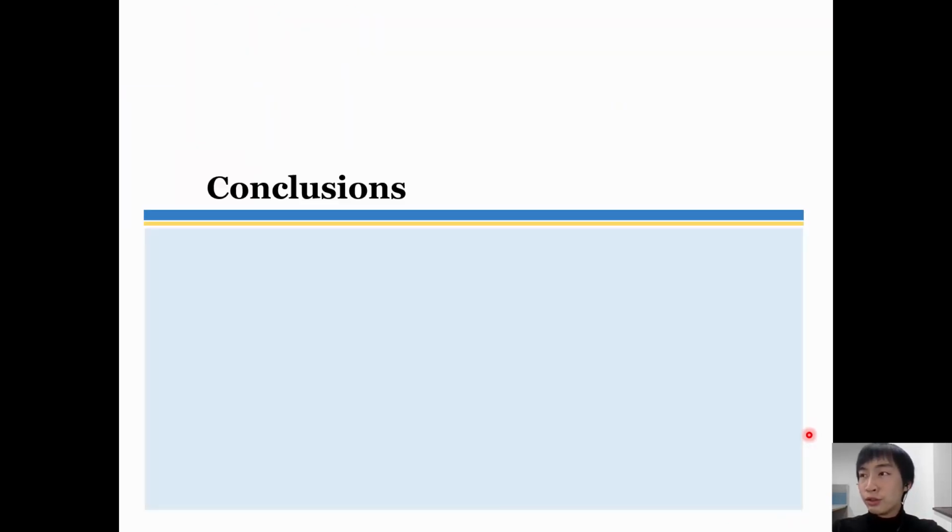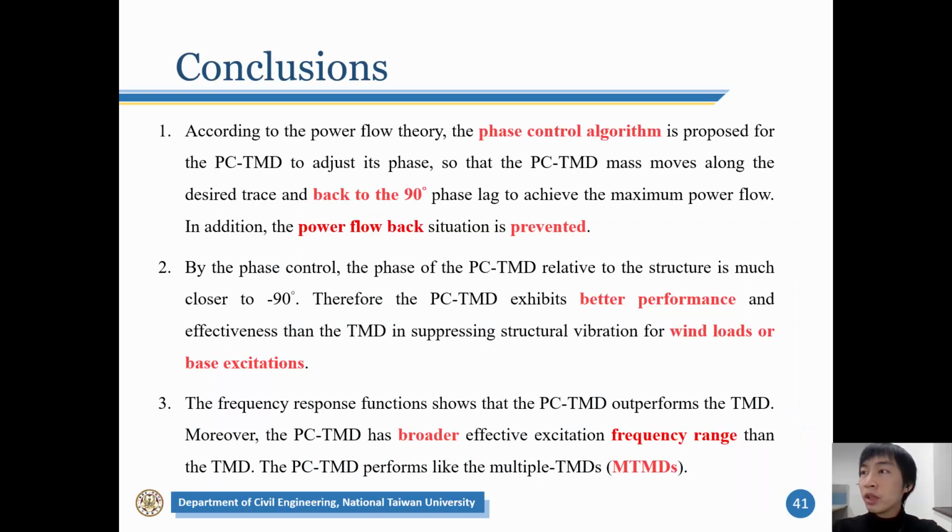Okay, here are our conclusions. One, according to the power flow theory, the phase control algorithm is proposed for the phase control tuned mass damper to adjust the phase. So the phase control tuned mass damper mass moves along the desired phase, back to the 90-degree phase lag, to achieve the maximum power flow.